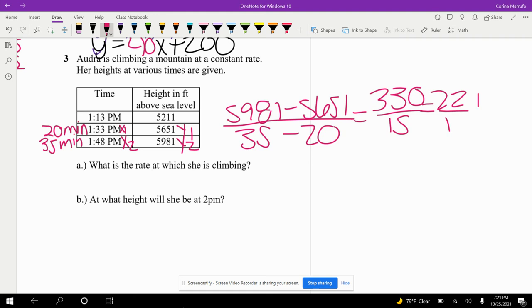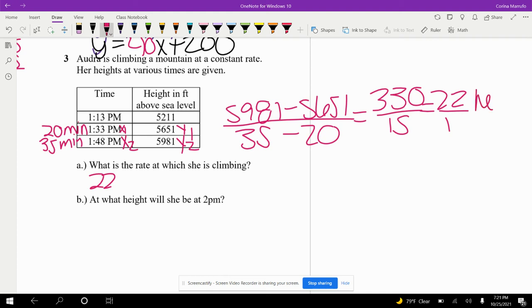Now remember the time is in minutes, and on the bottom it is going to be the height. Okay, so it says, what is the rate at which she is climbing? 22. Oh, not minutes. I did it backwards. Whoops, sorry, because the minutes was on the bottom. Let me erase it.